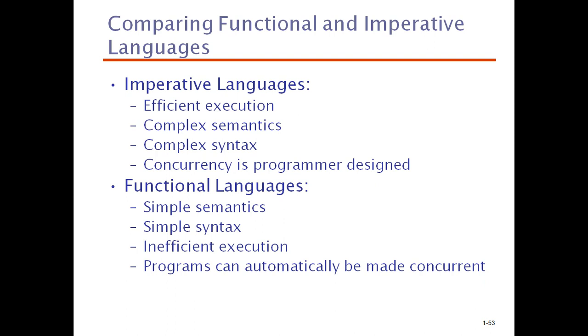Programs can automatically be made concurrent in functional languages, but in imperative languages, programs are never concurrent by default. Here a programmer has to write concurrent programs and manage inter-process and inter-thread communication. These are the four main differences between the imperative languages and functional languages.